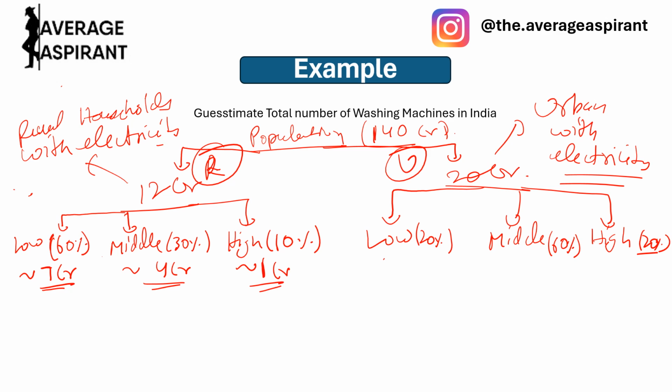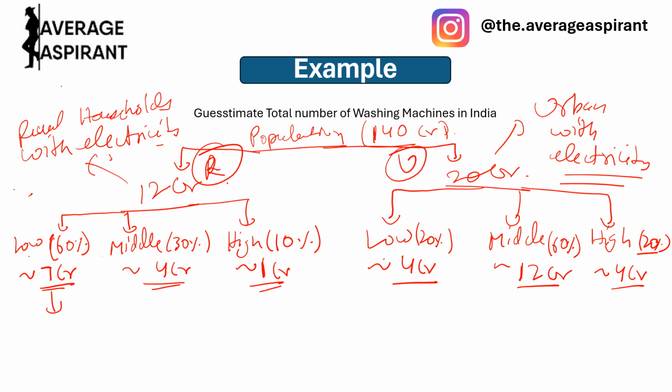High is 1 CR. It should be 1.2, but we are taking 1 CR for the sake of simple calculations. Now similarly here it would be 4 CR, middle income would be 12 CR, and higher income would be 4 CR.